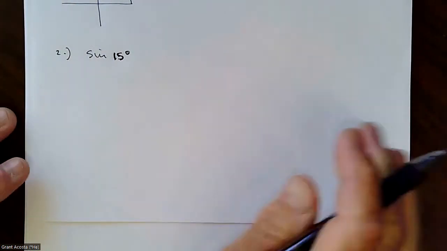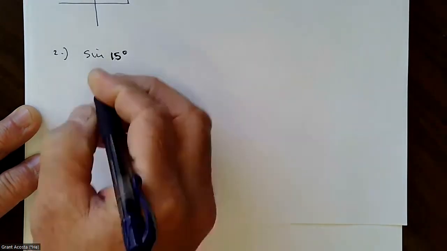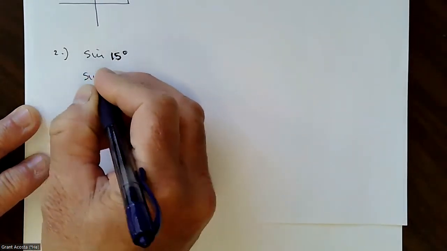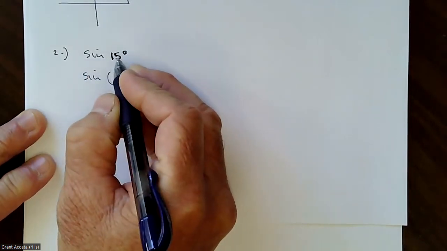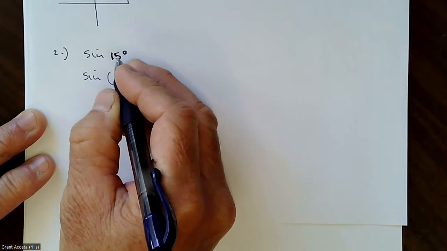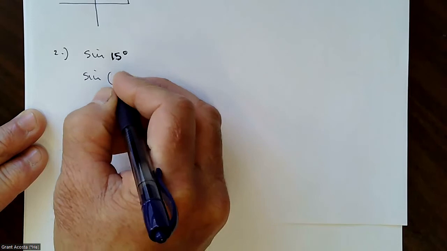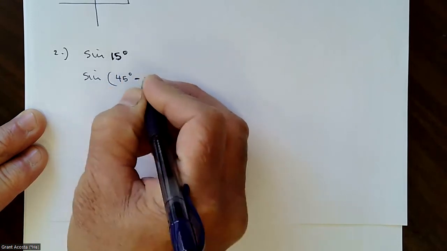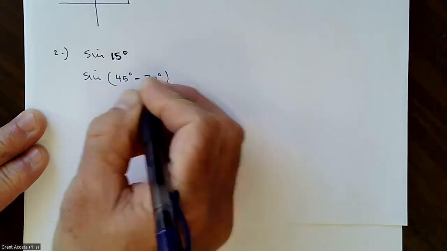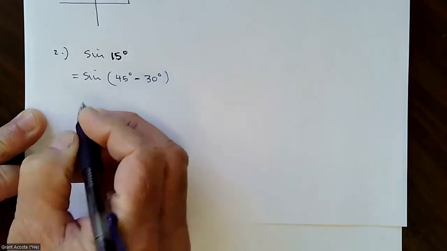So here's how I could do it. If I was asked to find the sine of 15 degrees, I could realize that 15 degrees is really the difference between, you can do it either way, either 45 minus 30 degrees or 60 minus 45. Either way, you're going to get 15 degrees. Let's go with 45 degrees minus 30 degrees, because those are two angles we know how to find the sine and cosine of.